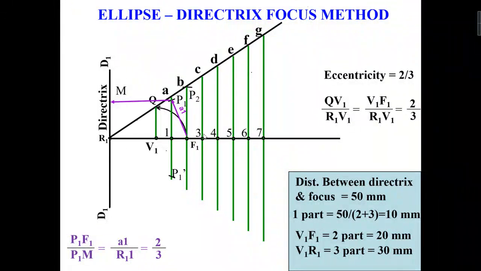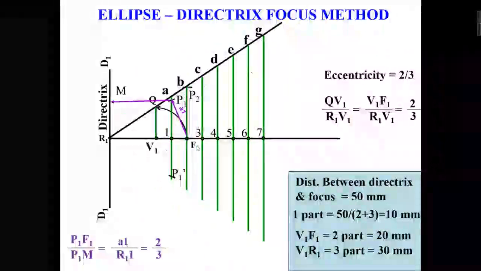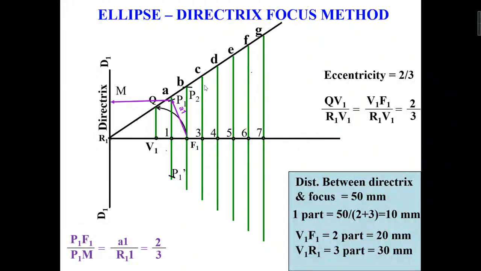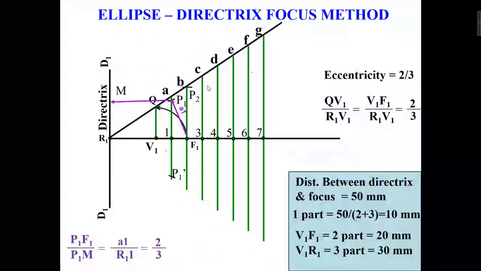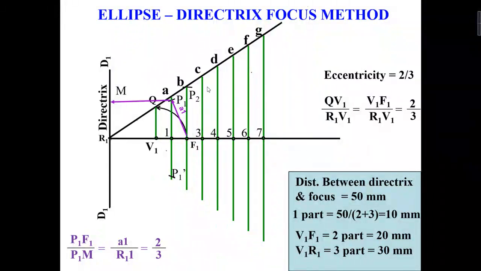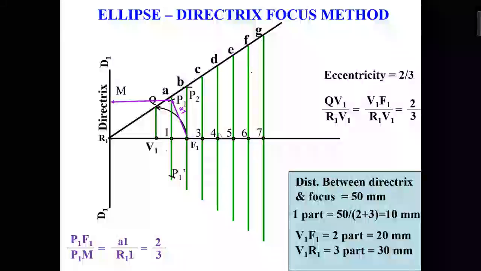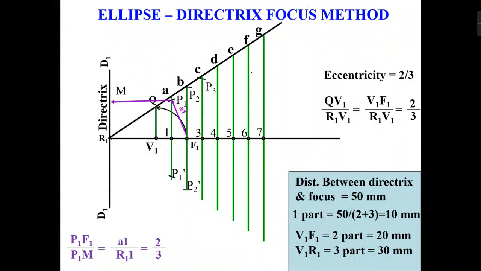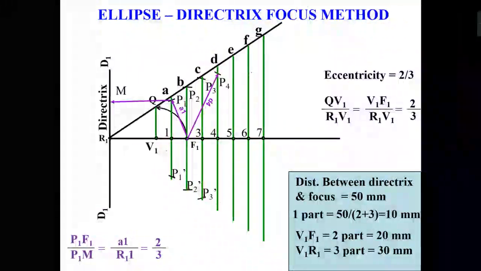Then it is your third line. You take the distance C3, put the rounder on F1 and mark a point on this line having an arc length of C3. In a similar way you can find the other points. Another example is D4.